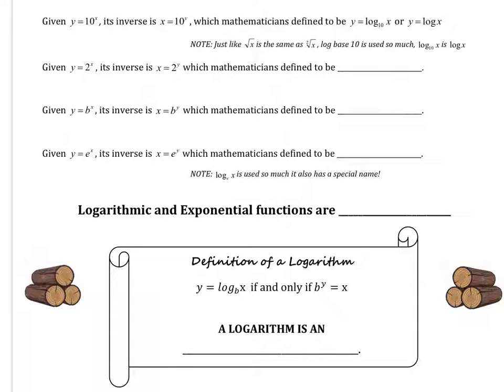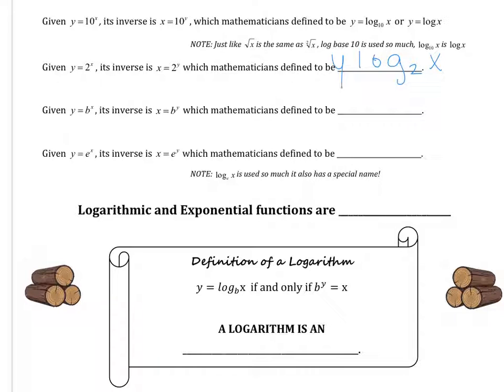Okay, and so on. So again, given the function y equals 2 to the x, we define its inverse as x equals 2 to the y. Again, we didn't have any specific way to solve for y, so mathematicians defined this to be the log base 2 of x.